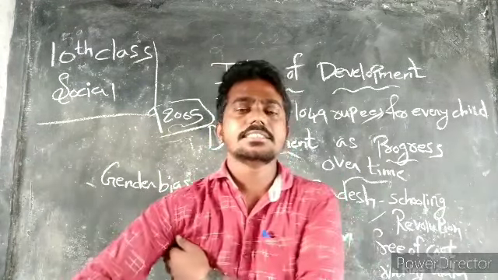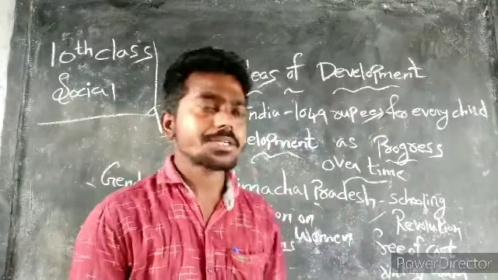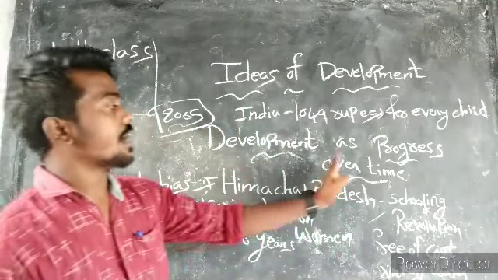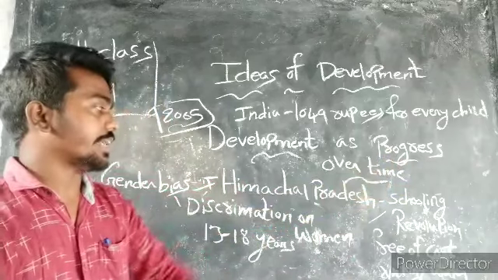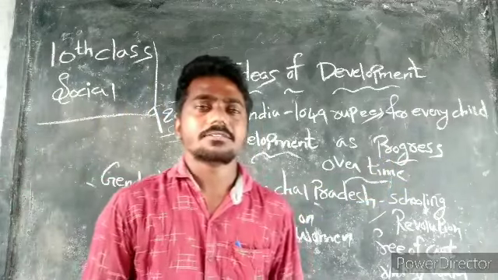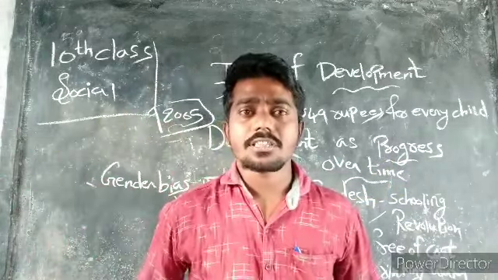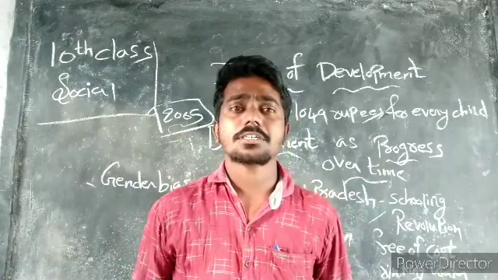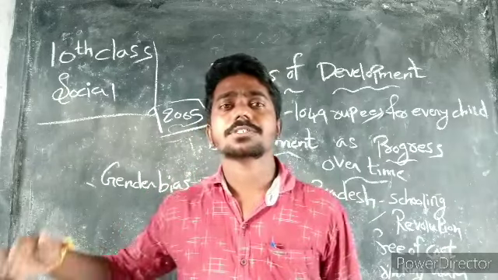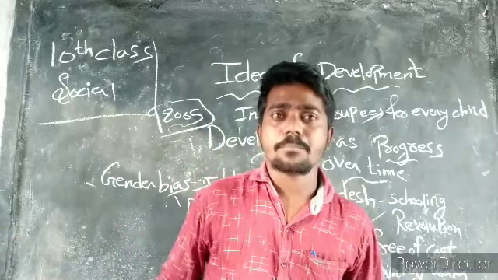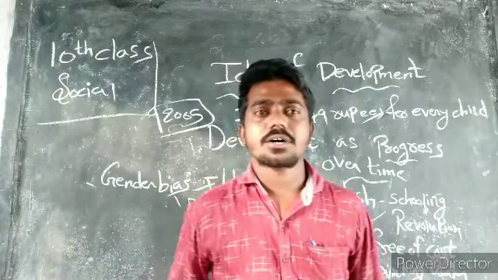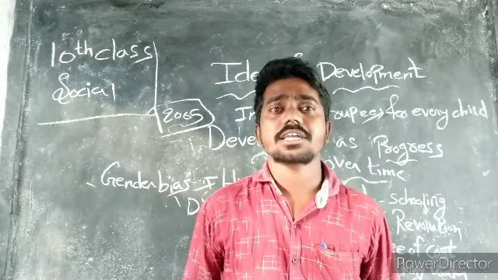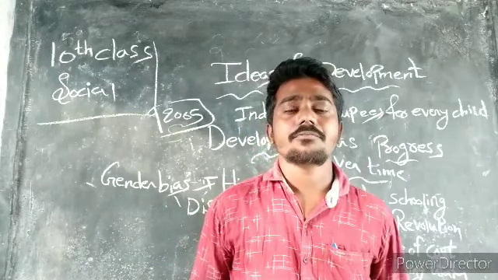Okay, this is about the topic. First of all, I told you about development as progress over time, and we took the example of Himachal Pradesh. A schooling revolution happened in Himachal Pradesh. At the time of independence, Himachal Pradesh was a backward state with low density because of the hilly region.